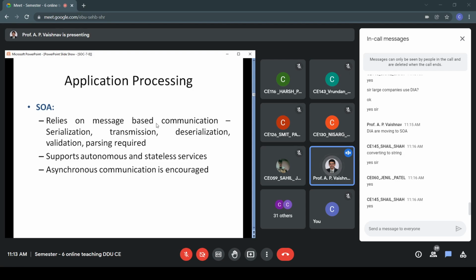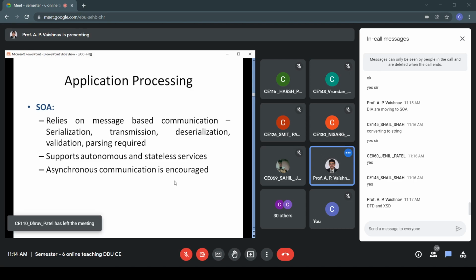Fine. We also have to do validation, right? For validation, you have seen two types, right? DTD and schema or XSD. So you might also have to perform validation of your parameters' data types by looking at the XSD schema, right? You also have to do parsing, right? Parsing the XML, right?